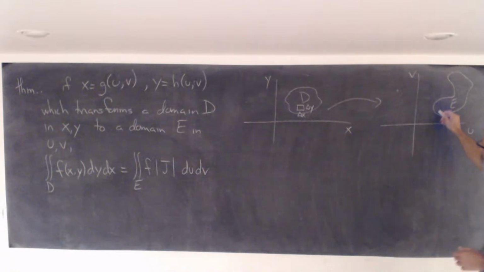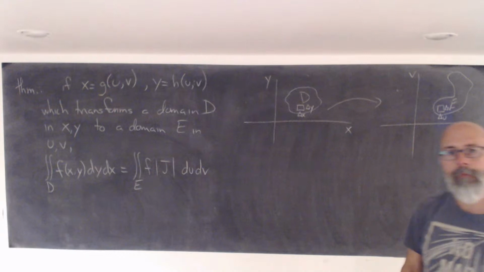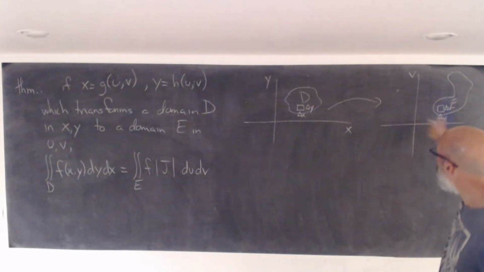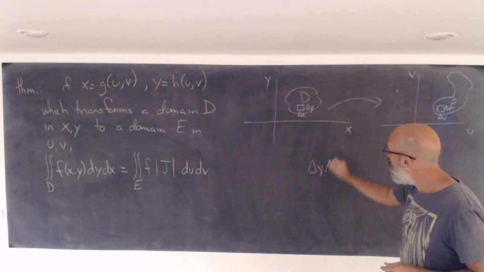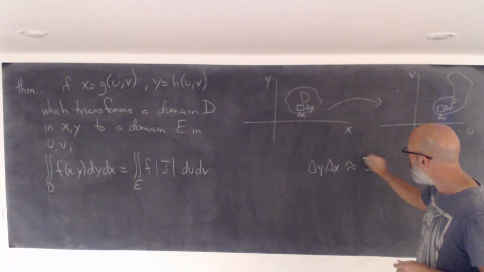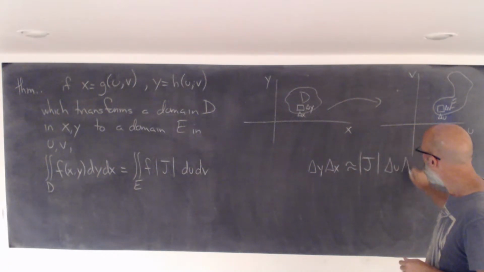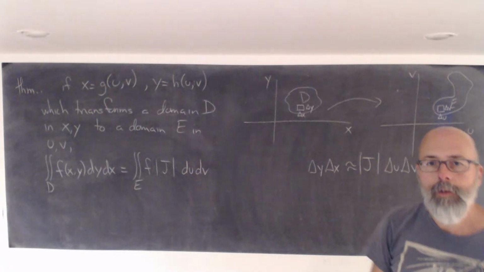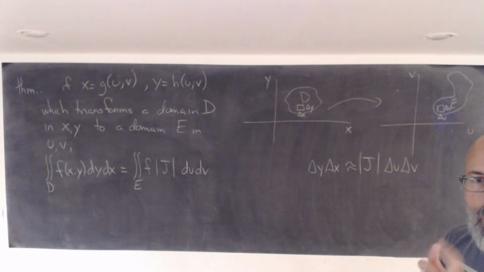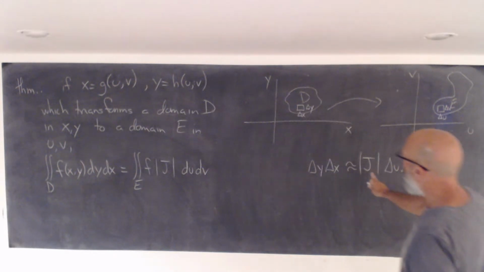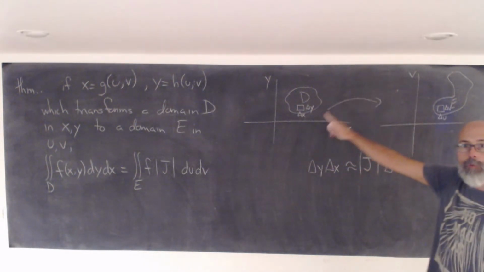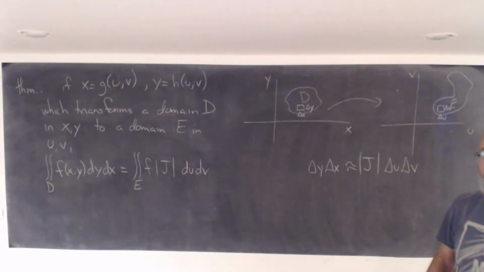These are being transformed into small rectangles du dv, but there's a difference. What's the difference? The difference is the Jacobian. You throw in the Jacobian to compensate for the loss of area. So this Jacobian measures how much the area changes by. That's what the Jacobian does.